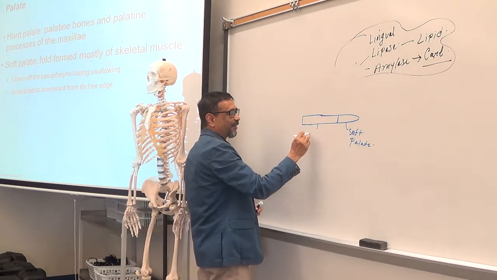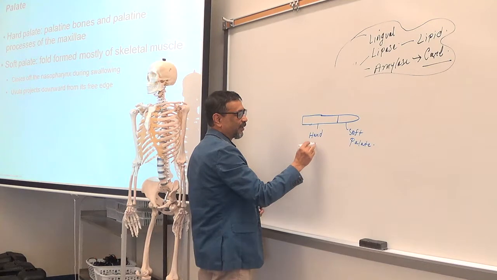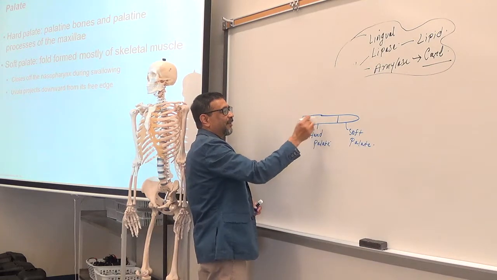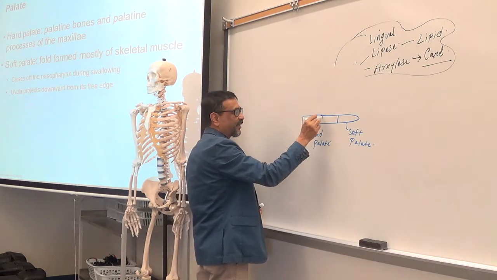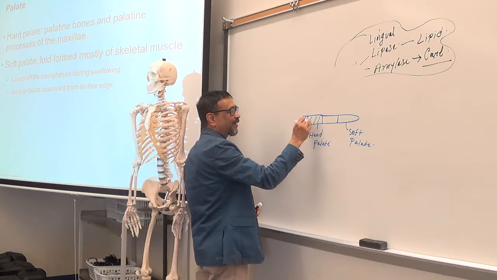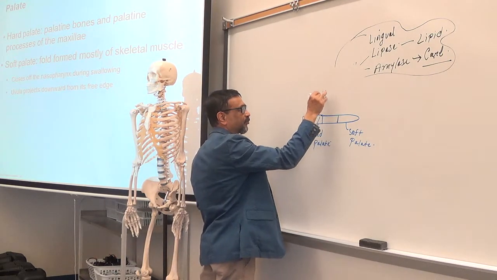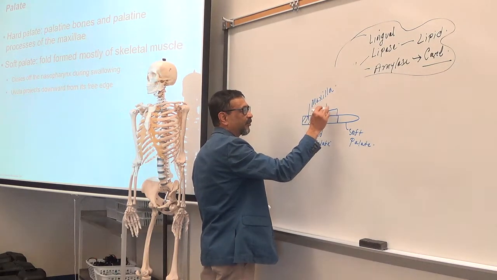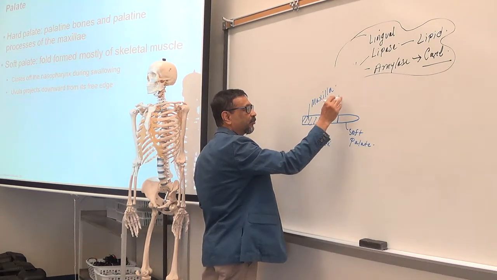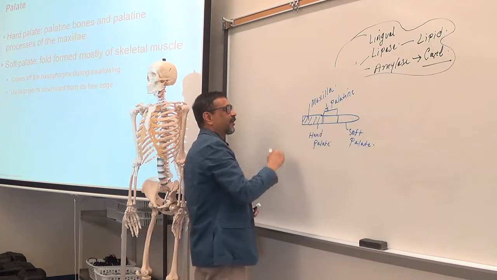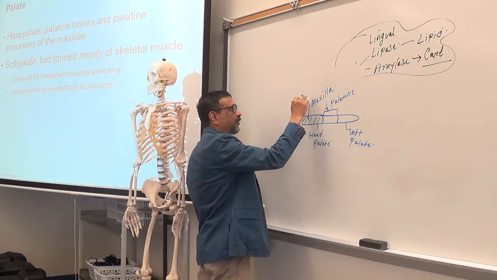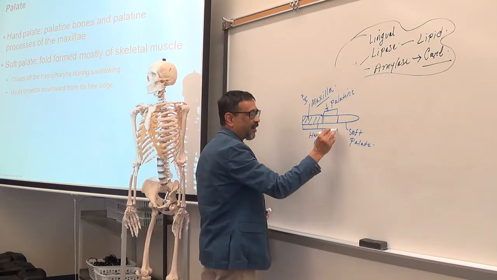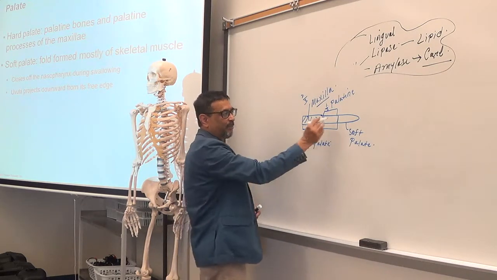And this is the bony part, hard palate. Okay. So hard palate is formed by two bones. Anterior 2/3 by maxilla, and posterior 1/3 by palatine bone. So this part is the hard palate, the bony palate.